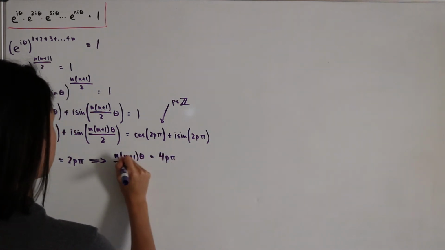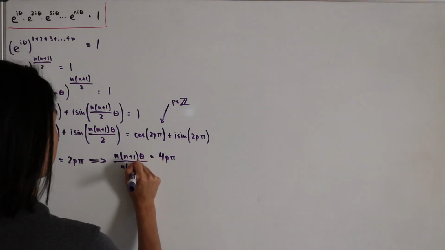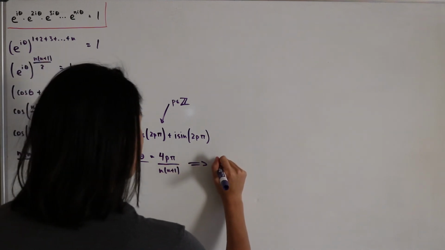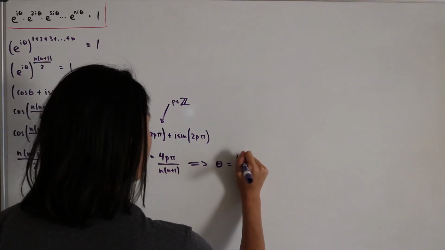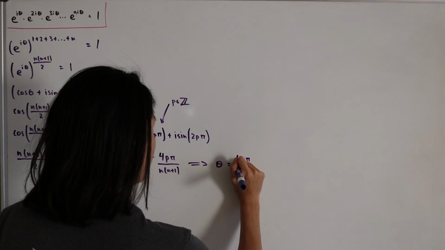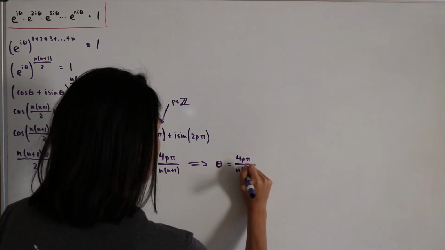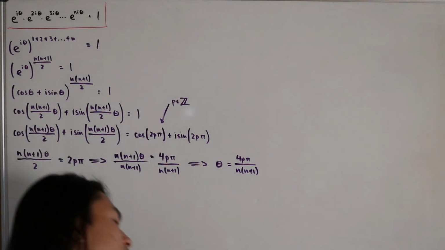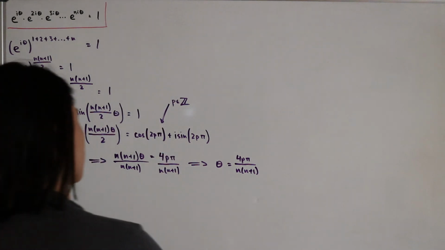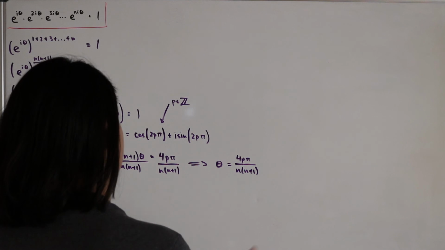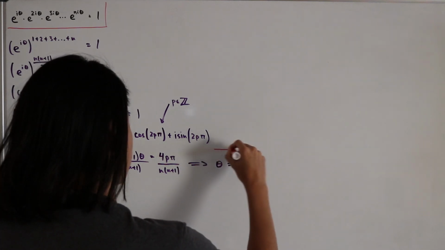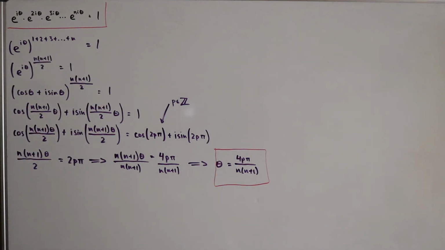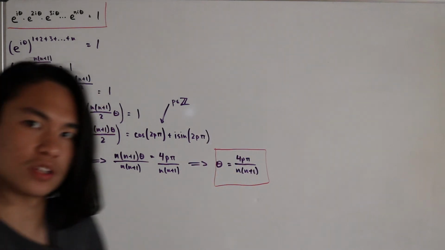The last step is to divide by n times n plus 1 on both sides, and we get that theta is equal to 4p pi divided by n times n plus 1, where of course p is supposed to be an integer. Okay, and there we have it in this red box. Yeah, so it's pretty cool if you ask me.